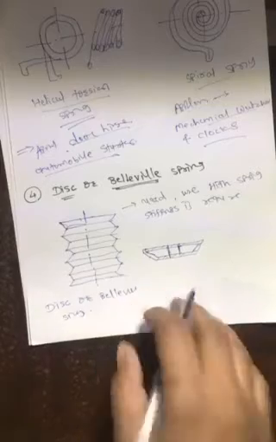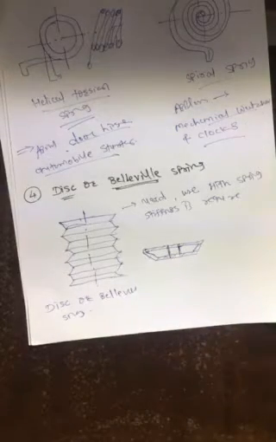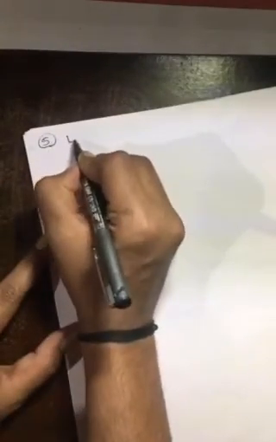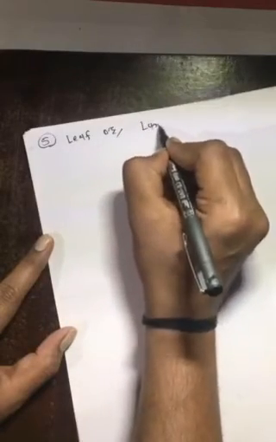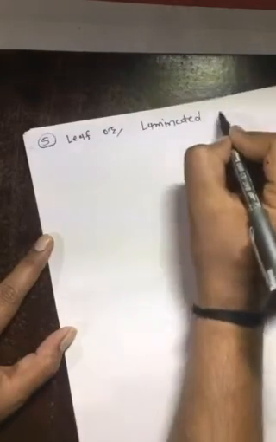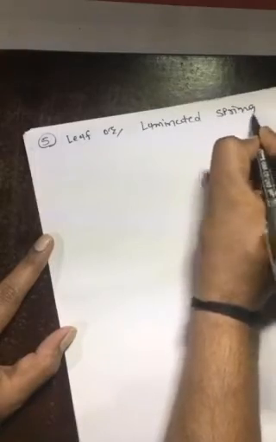Clear? And the next and last one is the leaf or laminated spring. Number 5, and very important. We can first draw a simple diagram of the leaf or laminated spring.